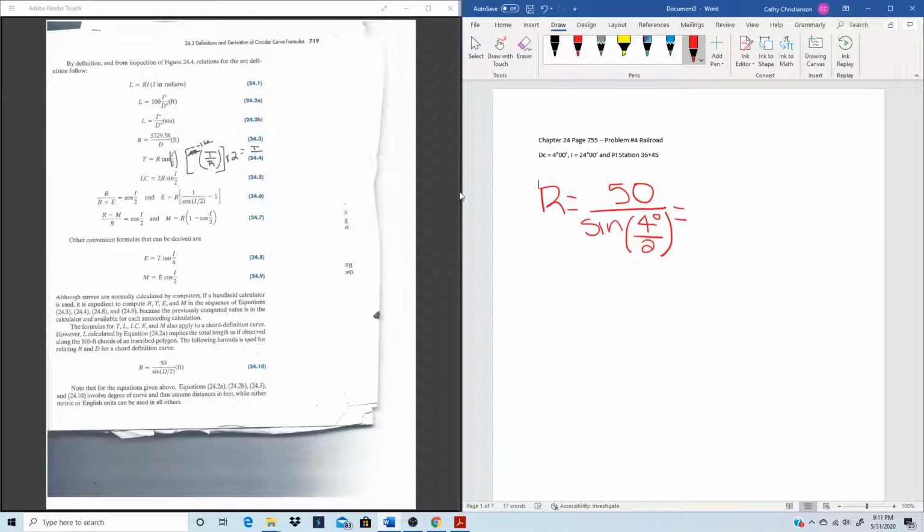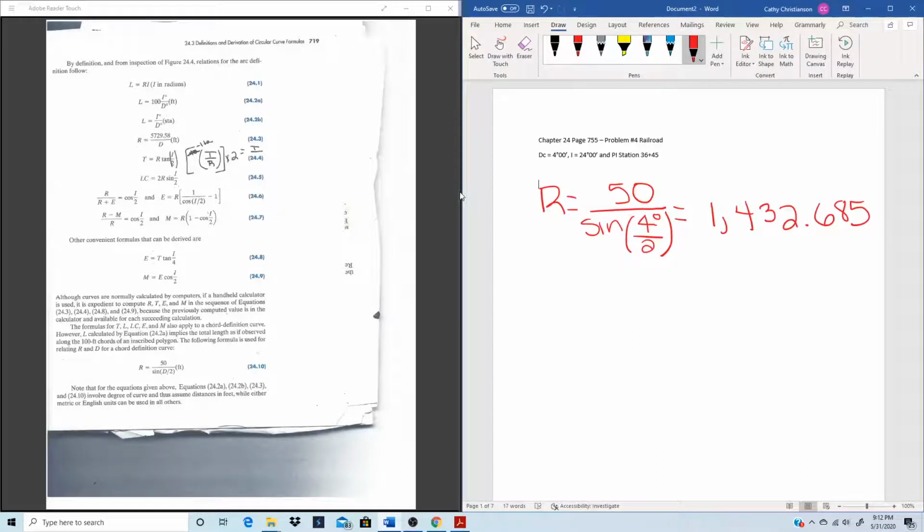When I calculated that, I got 1,432.685. So you're going to look and see what you're given, and you're wanting to solve everything over here.